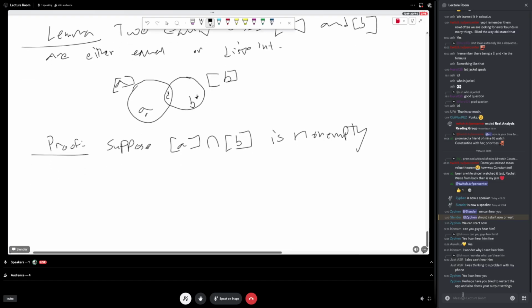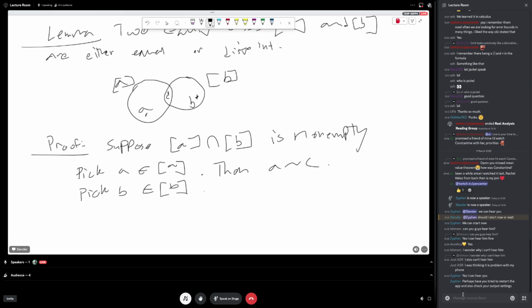Since this is an equivalence class, we have a is in relation with c. If we pick b from this equivalence class, then we have b is in relation with c.